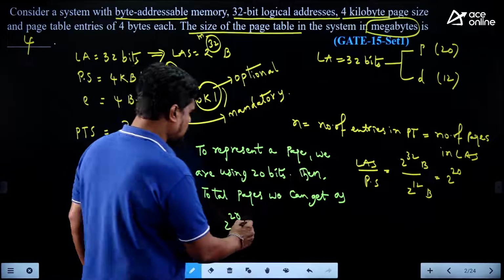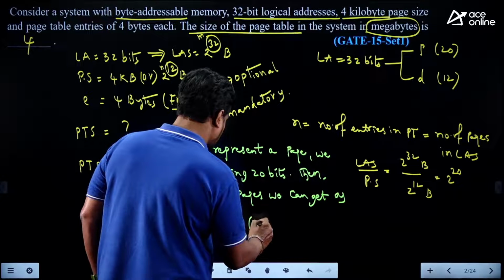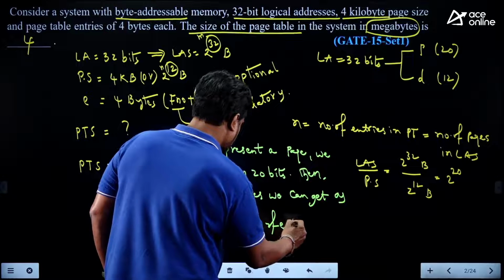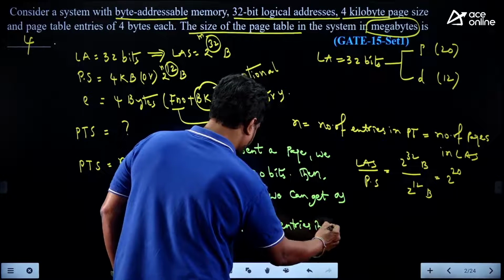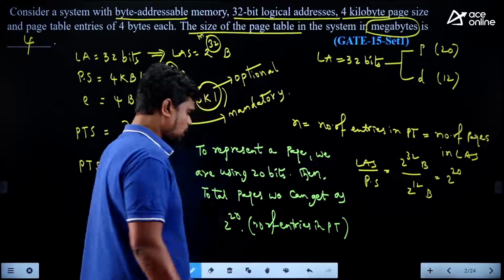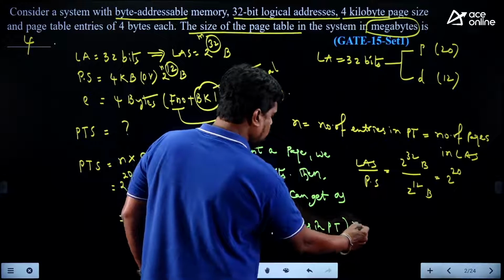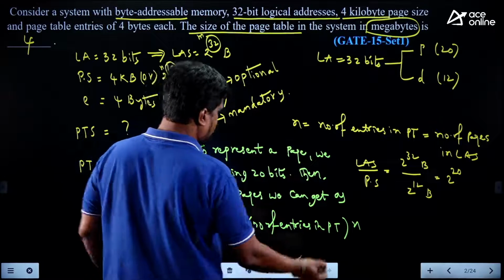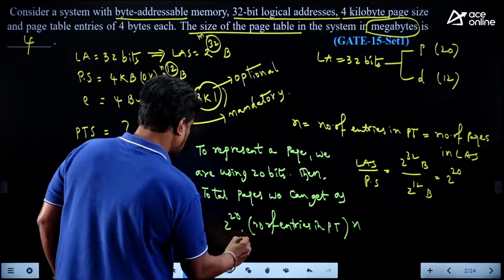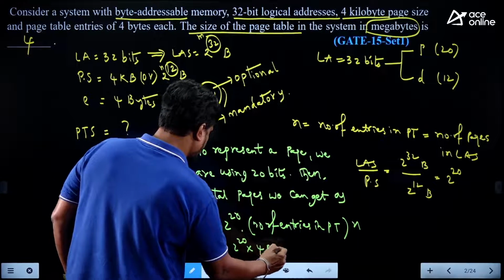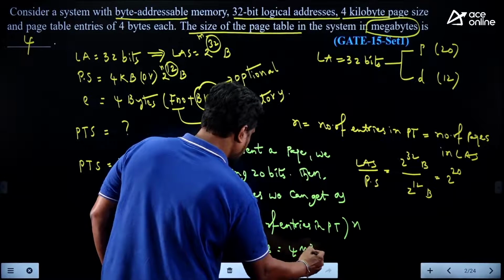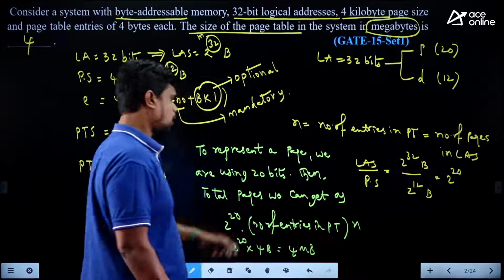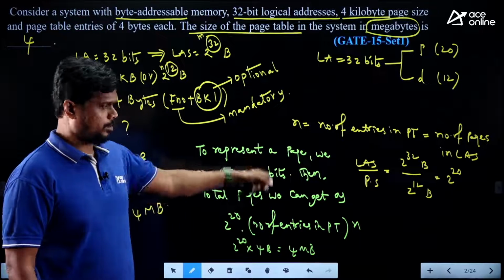So 2 to the power of 20 I can also consider as the number of entries in the page table. The number of entries in the page table I know, and the entry size is also given. So 2 to the power of 20 into 4 bytes, which I can get as 4 MB. So look, without using the formula, I can also answer this question like this.